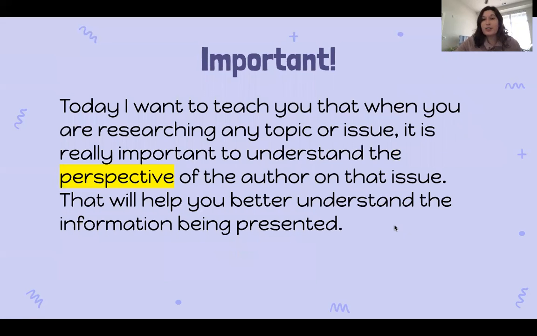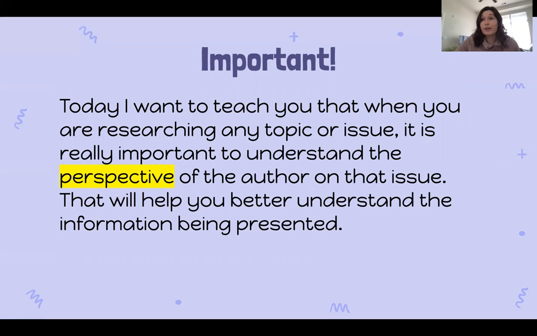Today, I want to teach you that when you are researching any topic or issue, it is really important to understand the perspective of the author on that issue. That will help you better understand the information being presented.